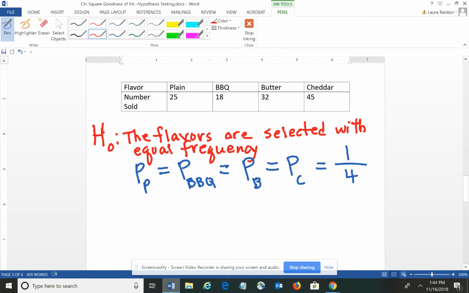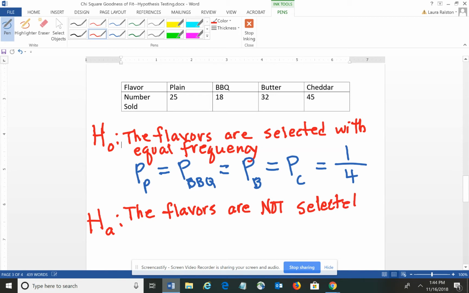The alternative, remember, is the opposite of the null. In this case would mean that they are not selected with equal frequency. So we would say the flavors are not selected with equal frequency.